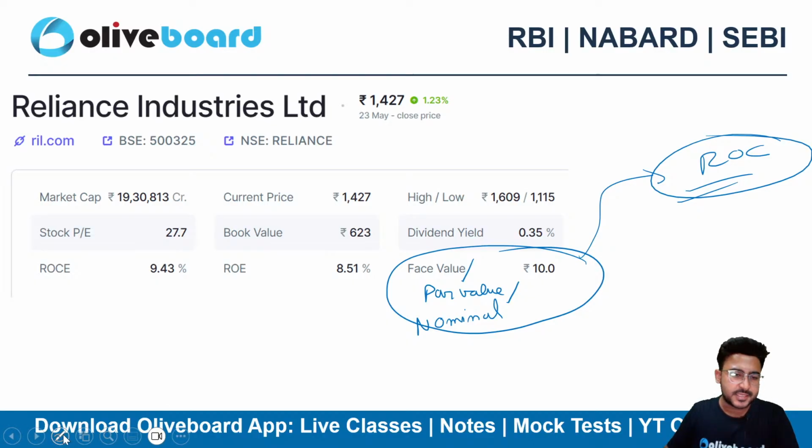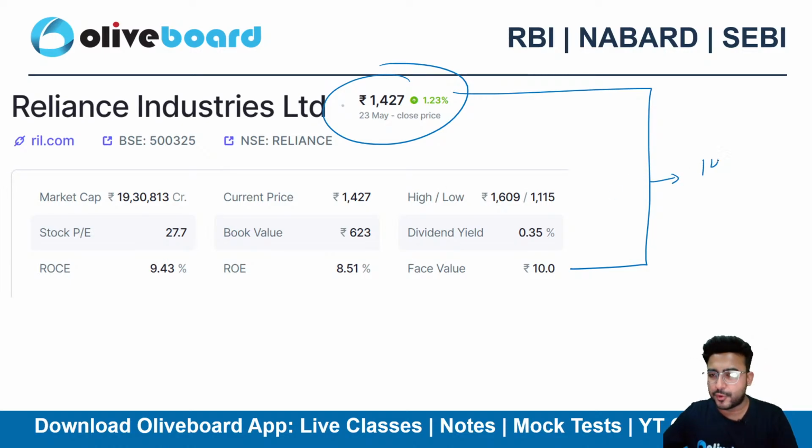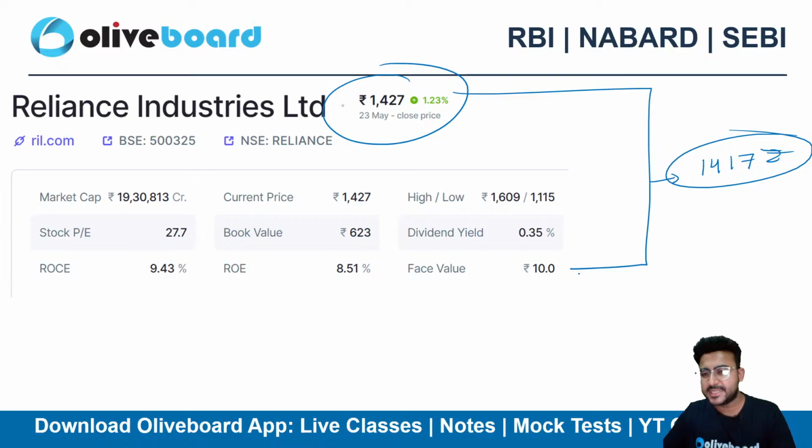However, we can see that the market price is 1427. So there is a gap of 1417 rupees, 1427 minus 10 rupees. What name should we give to this gap? What is this gap? What's the term used for this gap? Any idea? Yes, very good, Aditya.